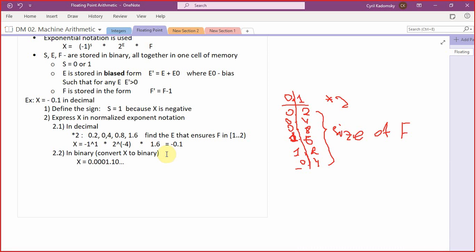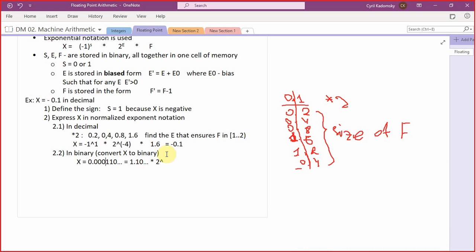So our decimal point must be put at this position. Our number must be like 1.110 and so on, the decimal point after the first one, multiplied by 2 to the power of some value.